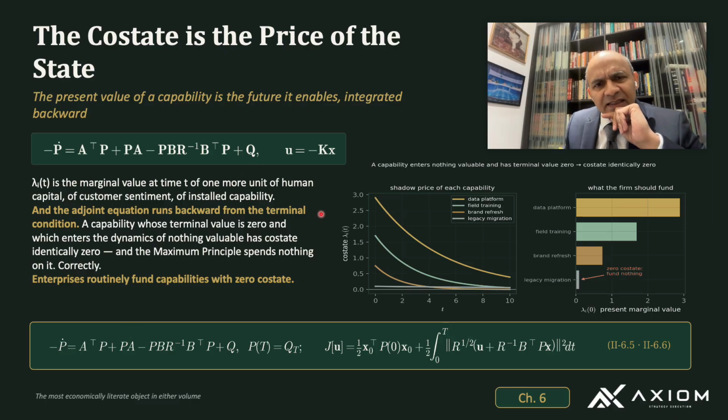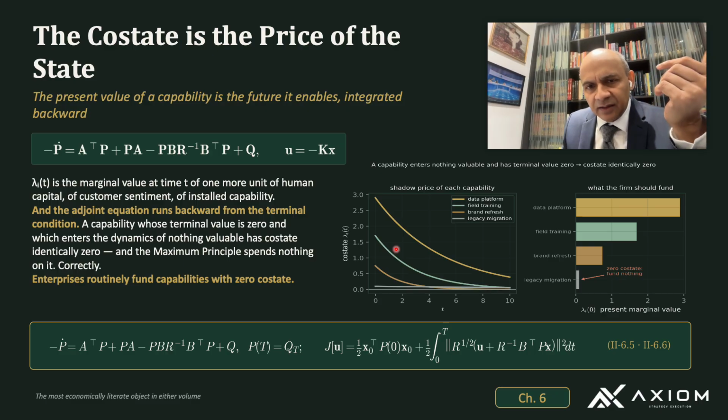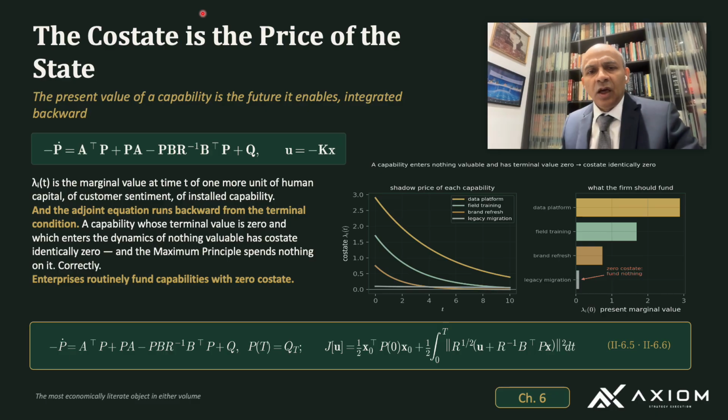And this chart says that each capability has a costate or shadow price measuring the marginal contribution to future enterprise value. Capabilities such as the data platform have a high costate and should receive more funding, while a capability like legacy migration has a near 0 costate because it adds essentially no incremental value along the optimal trajectory.